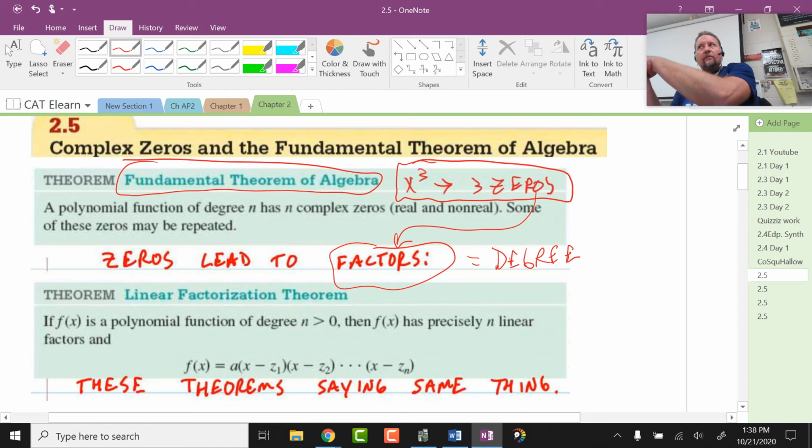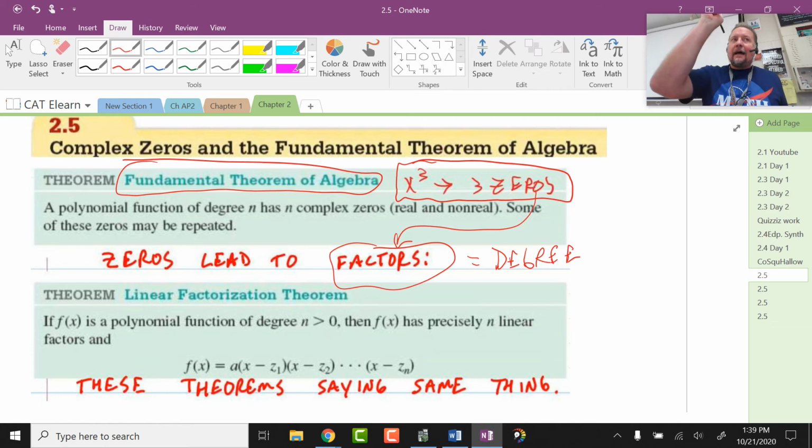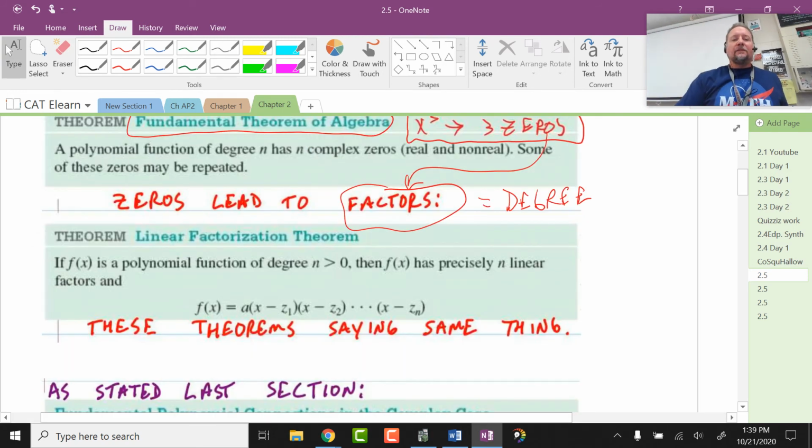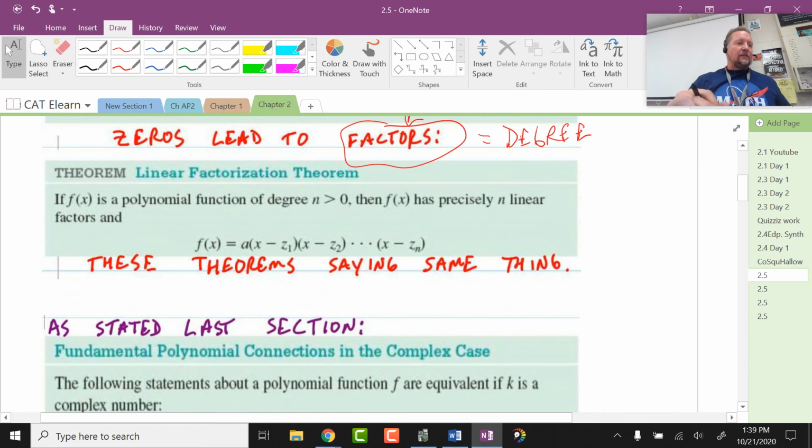So when you find zeros of a polynomial, expect the amount of zeros to equal the degree of the polynomial. But do remember that some zeros could have multiplicities. So if you have something with multiplicity 2, that really counts as 2 of those zeros.